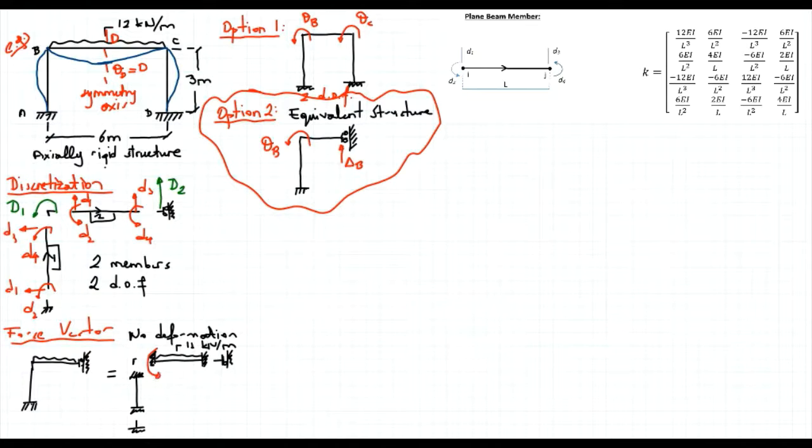I got 9 here, 9 here. The shear forces are 18 and 18. So these are all the fixed end forces, plus only deformation, where we show the unbalanced forces.